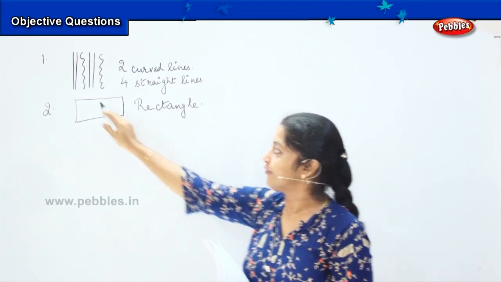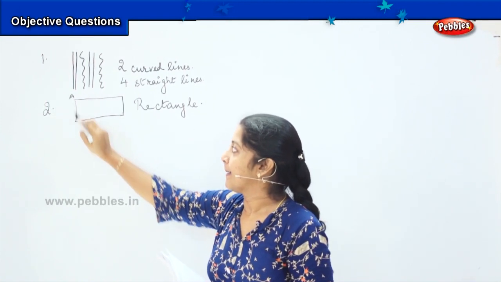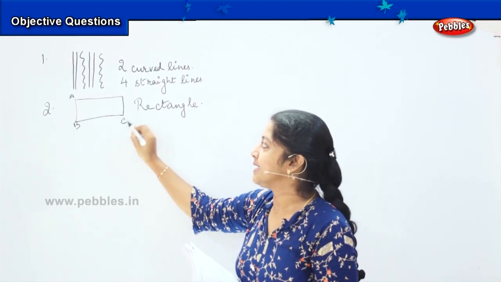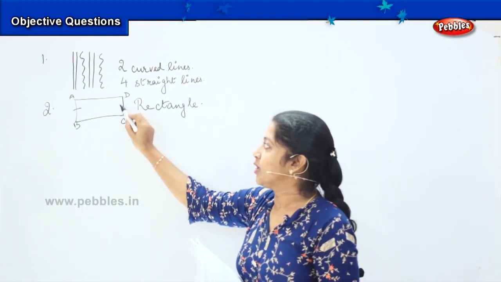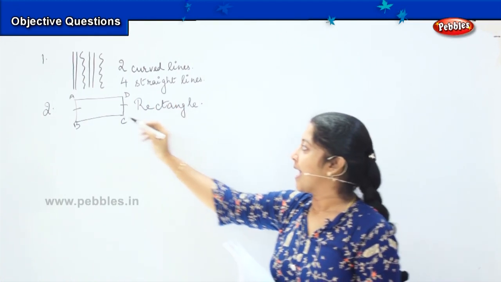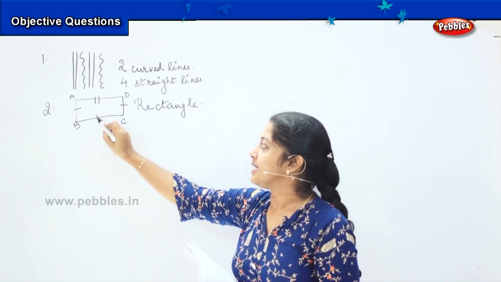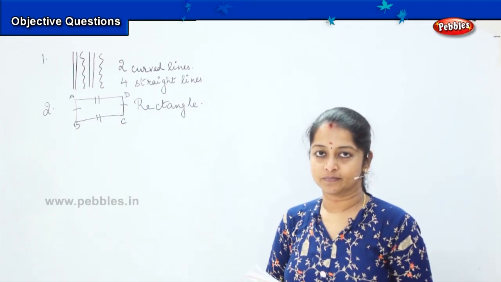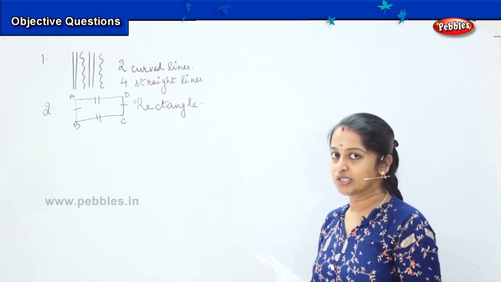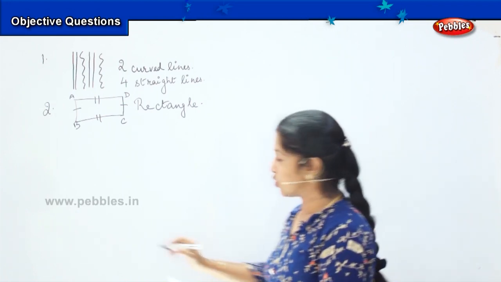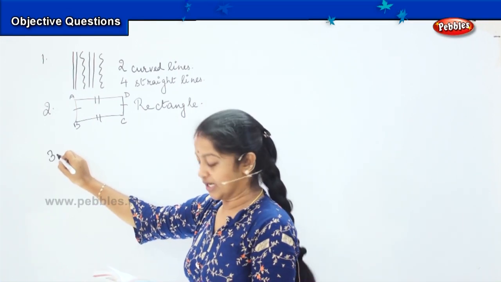Though it has got 4 sides, A, B, C and D, but AB is equal to DC and AD is equal to BC. Okay? Shall we move to the next question? Great. So, here comes your next question.